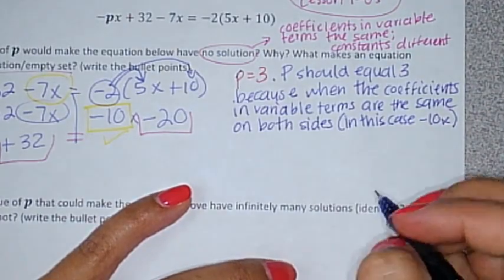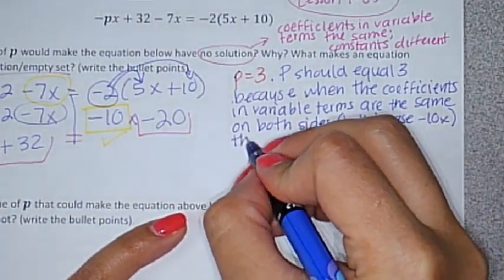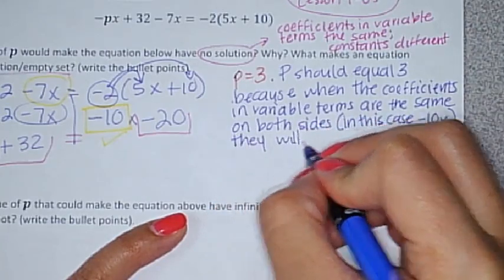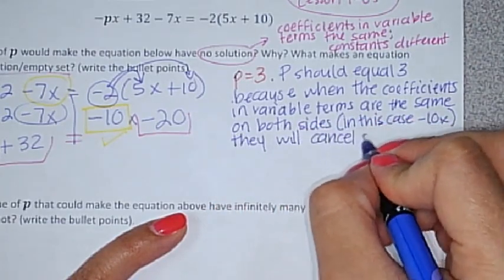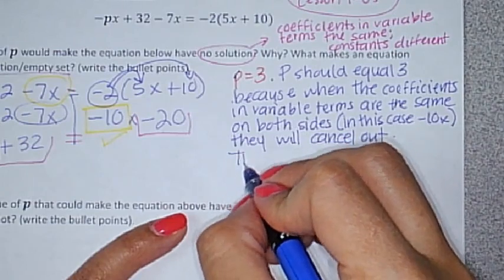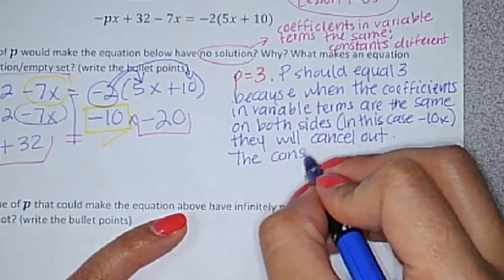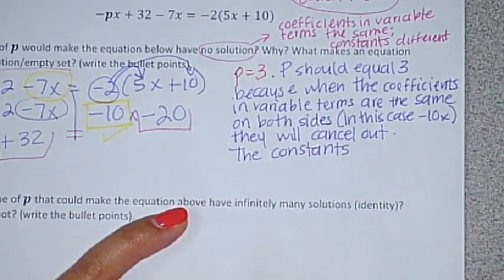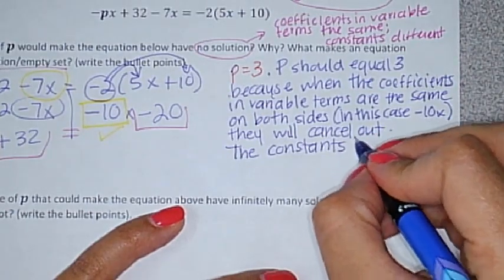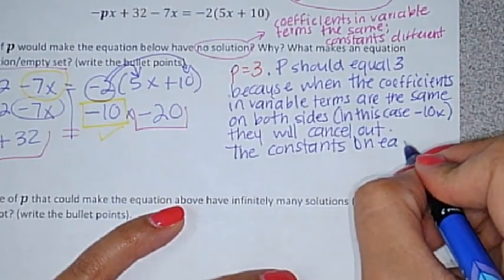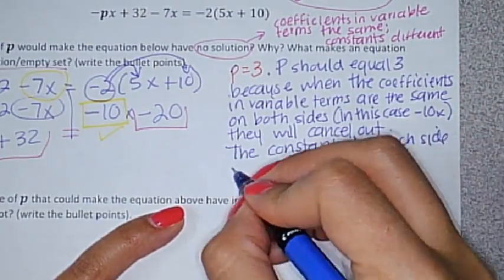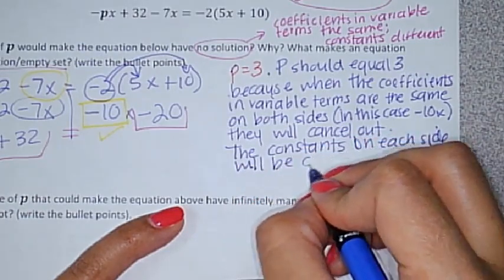Okay, they will cancel out. The constants on each side will be different.